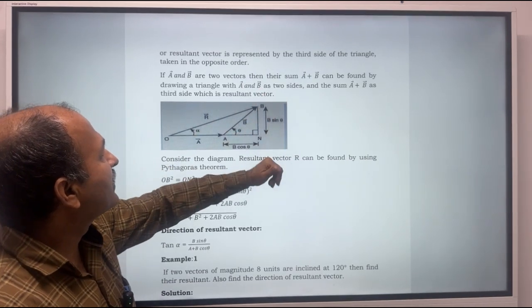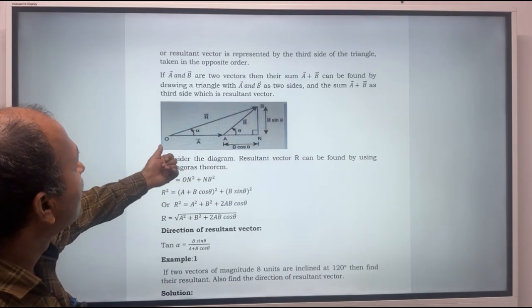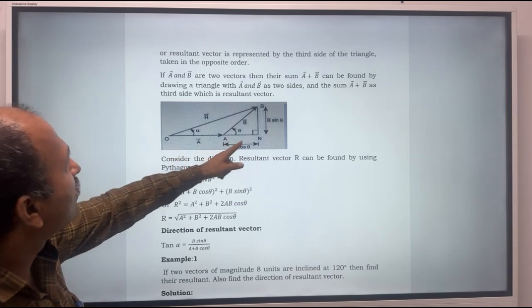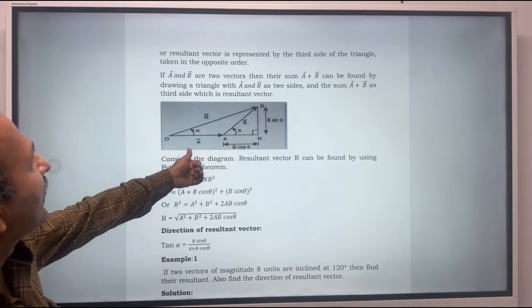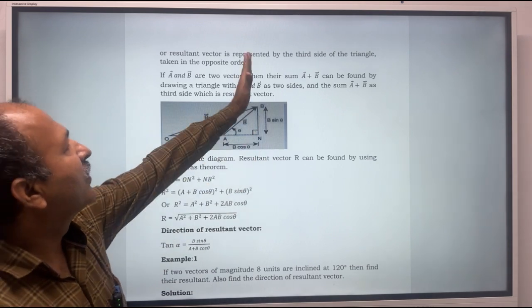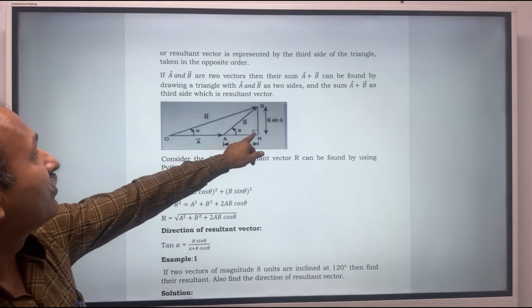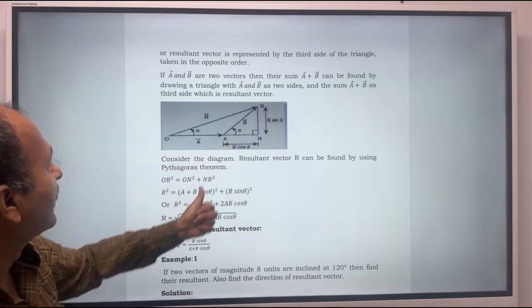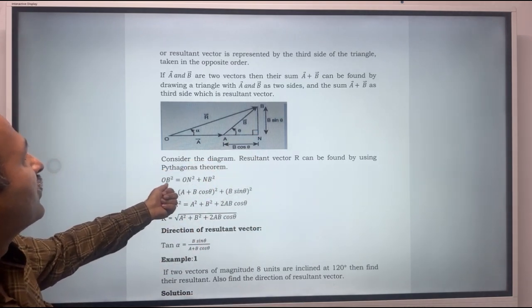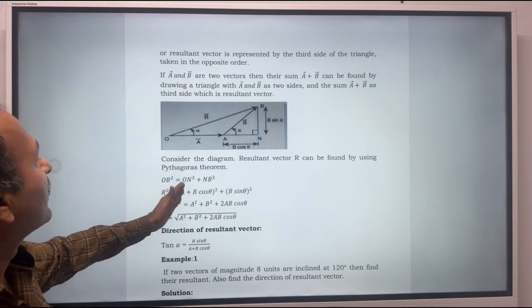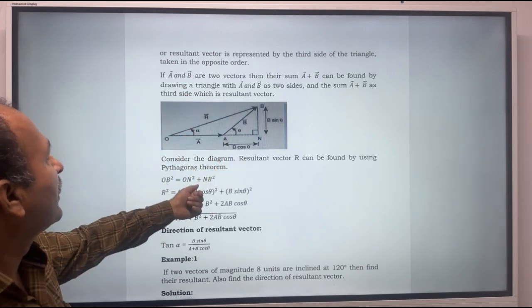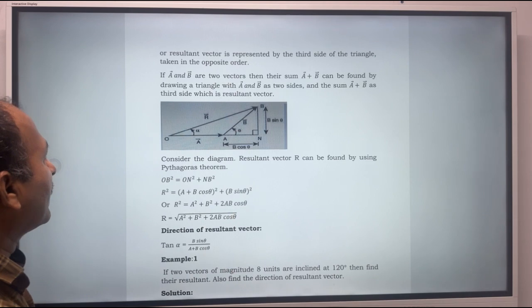So this will become B sine theta, this will become B cos theta. So in total, from O to N, it will become A plus B cos theta, and the perpendicular is B sine theta. Then you can apply Pythagoras theorem, as this angle is 90 degrees. So we can write OB square, hypotenuse square, equal to ON square, the base square, plus NB square, perpendicular square.